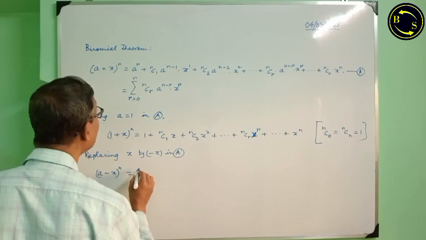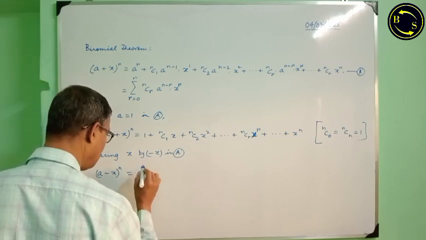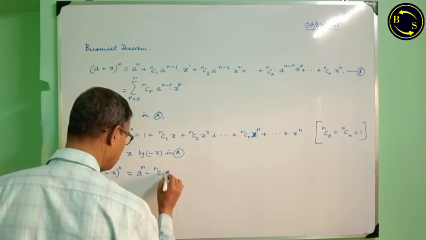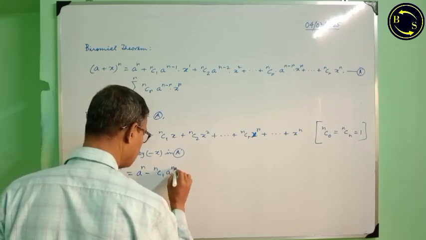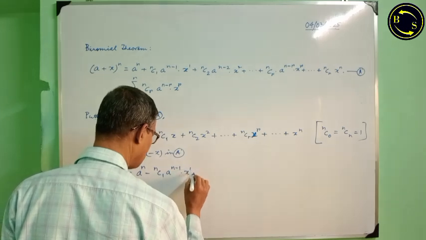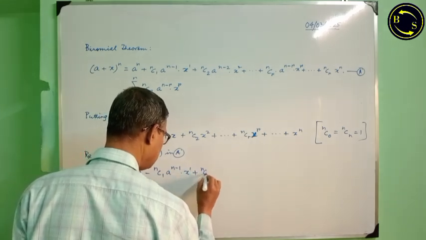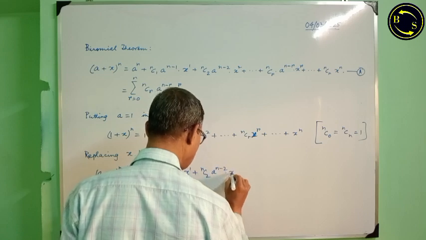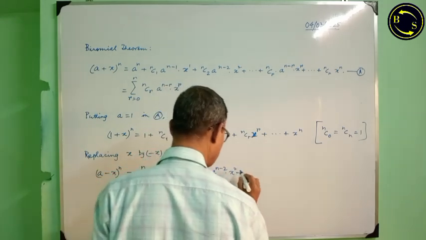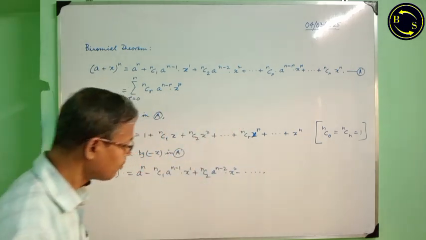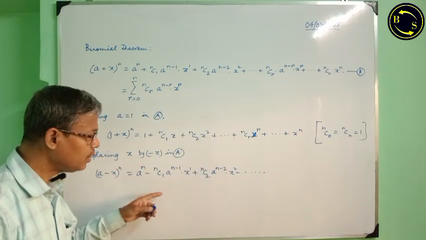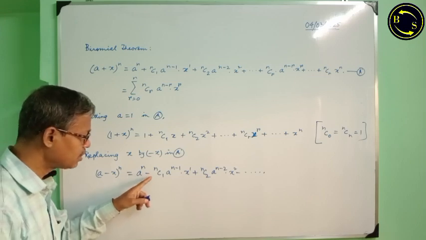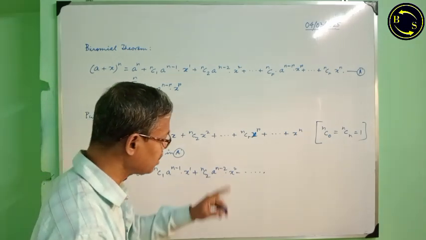That will be a to the power n minus nC1 a to the power n minus 1 x to the power 1 plus nC2 a to the power n minus 2 x square minus, actually signs will be changed alternately. First plus sign, then minus sign, then plus sign, then minus sign, like this.